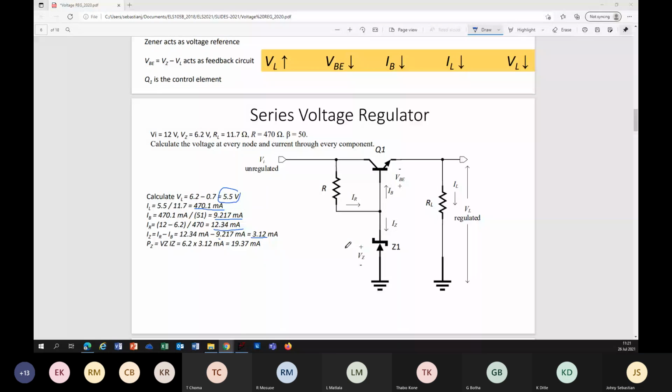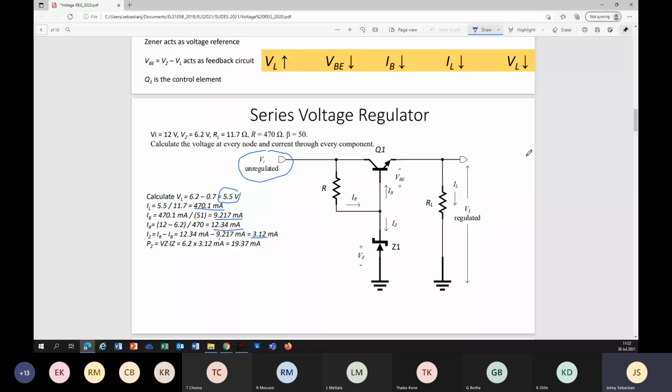So, this is a series voltage regulator. It is regulating, but this is not the best regulator that we can have. There are quite a few problems with this regulator. When the input voltage VI exceeds, output voltage is also going to exceed the expected value. Simple reason, remember IR, IB, IZ.